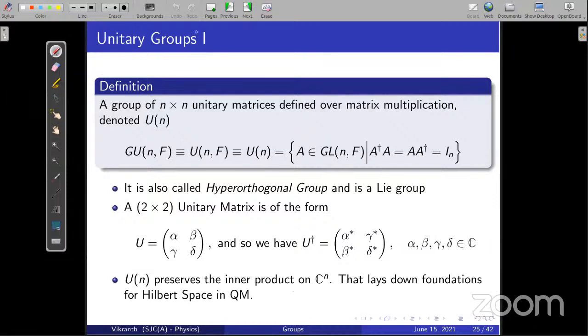All right. So a unitary group is nothing but a set of matrices where all of them are unitary in nature. And what exactly we mean by a unitary matrix is defined here. You have a matrix U as alpha, beta, gamma, delta, where all of them are complex numbers, right?